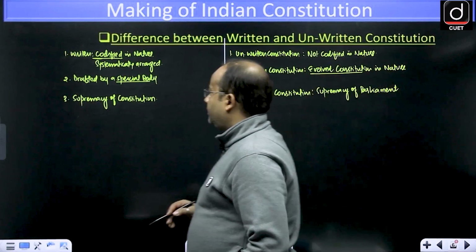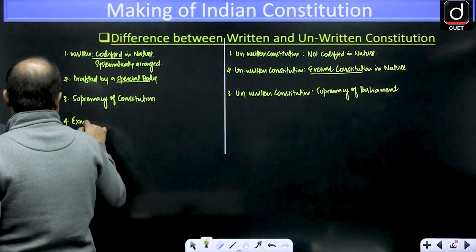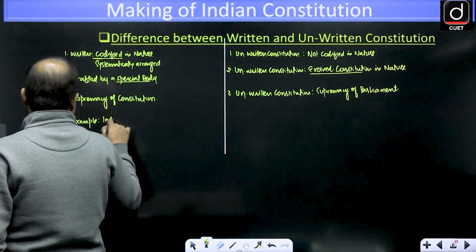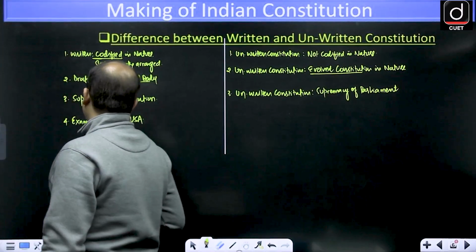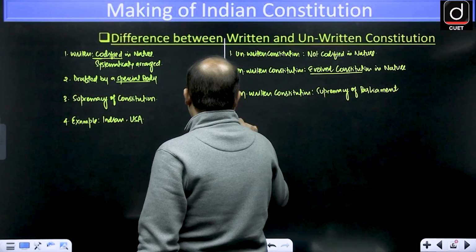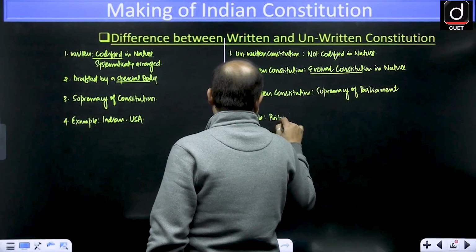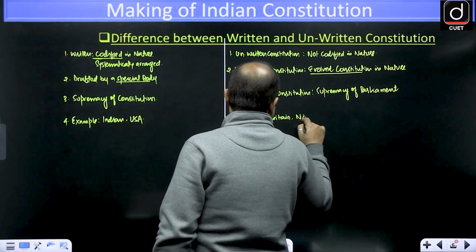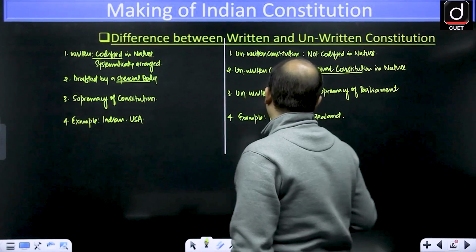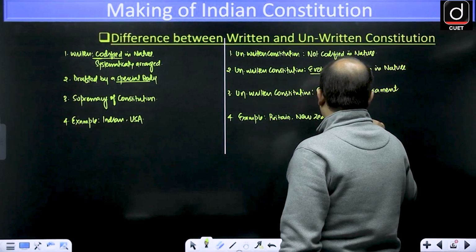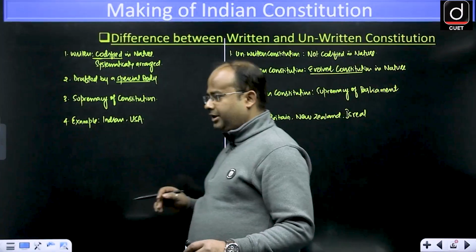Let's take the example. Indian constitution, US constitution, they are written constitutions in nature, whereas if I talk about unwritten constitution, constitution of Britain, New Zealand, Israel, Saudi Arabia, they are unwritten constitutions in nature.